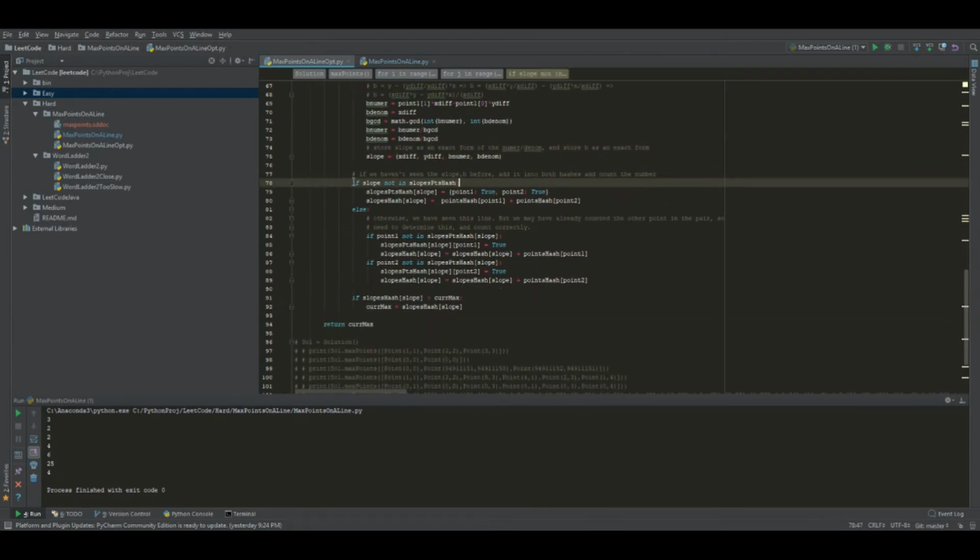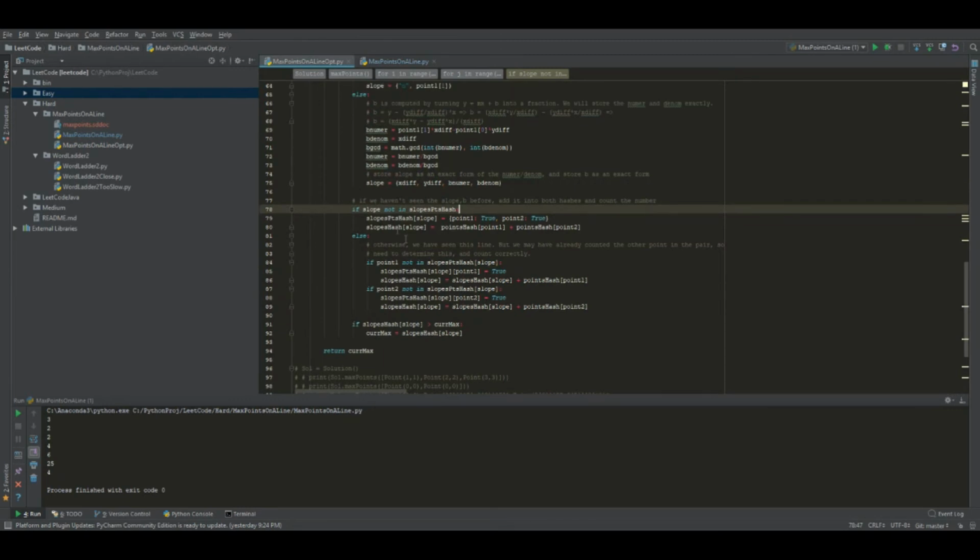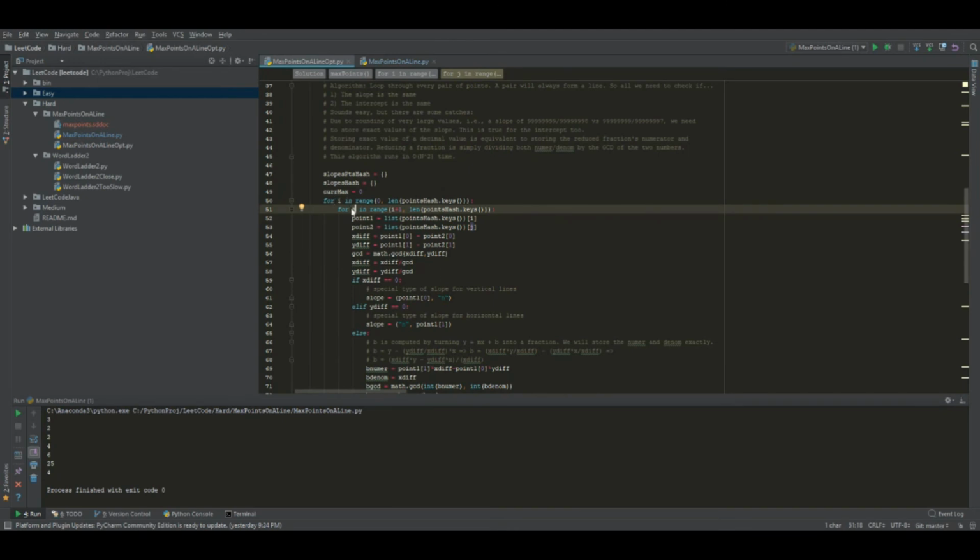And then we just go through and count. If we have not seen it, we're going to add both the number of points for coordinate 1 and coordinate 2. If we have seen it, however, we need to be a little bit smarter about how we add points. So for any coordinate i, j, it's possible that we've already seen coordinate i as part of the same line that coordinate i and j create.